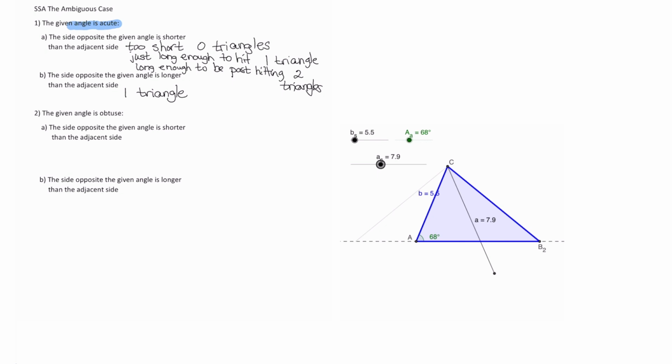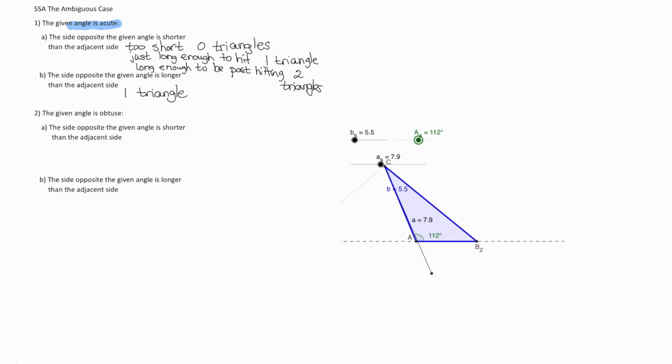Okay, now we're going to the second part of this where the angle is obtuse. So now I'm going to take this angle A and I'm going to make it be an angle that's between 90 degrees and 180 degrees. So if I make that get bigger, about 112 there, and if I take this first case where the side opposite the given angle is shorter than the adjacent side when I have an obtuse triangle, so I'm going to make that side A be shorter than the 5.5.